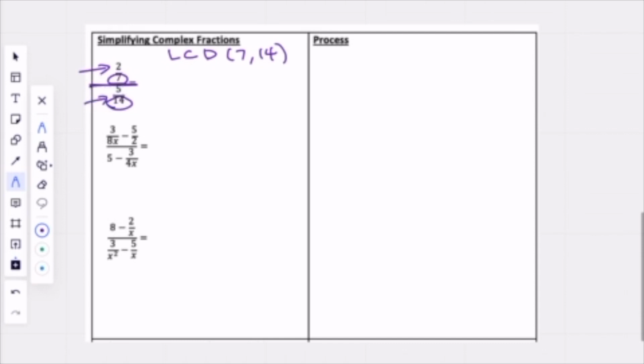The least common multiple of those two numbers would be 14, right? So we're going to take this 2 over 7 and this 5 over 14, and we're going to multiply both of them by 14.